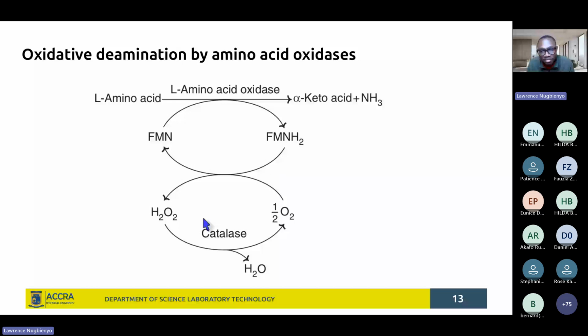Oxygen comes in, and catalase acts to get the flavin nucleotide back to its original oxidized form so that it can carry out the reaction further. So you have that cycle: the flavin nucleotide gets reduced whilst the L-amino acid gets oxidized, and the reduced flavin nucleotide itself gets oxidized back by the action of another enzyme, catalase.